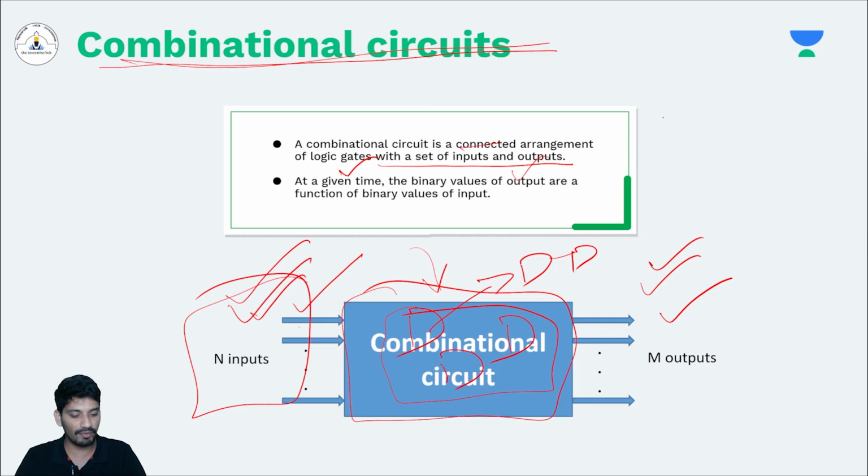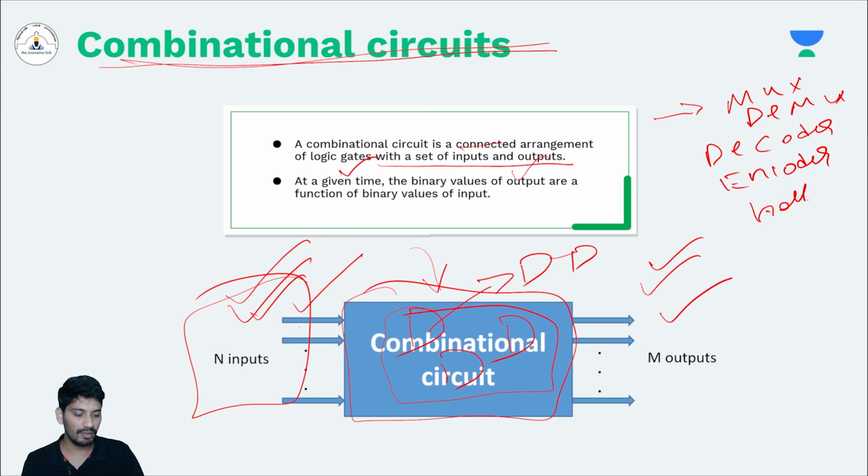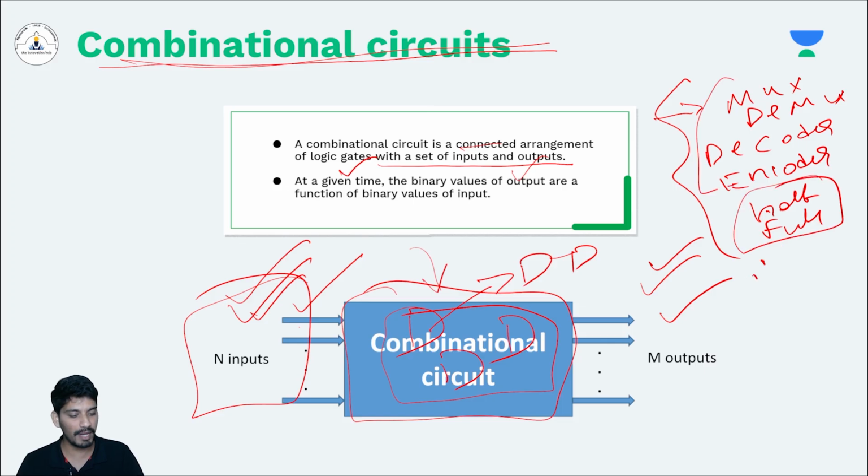There are many examples of combinational blocks like multiplexer, demultiplexer, decoder, encoder, half adder, and full adder. All these things are combinational circuits. But I will explain half adder and full adder in this session, and I will explain multiplexer, demultiplexer, decoder, and encoder when I teach you Verilog.